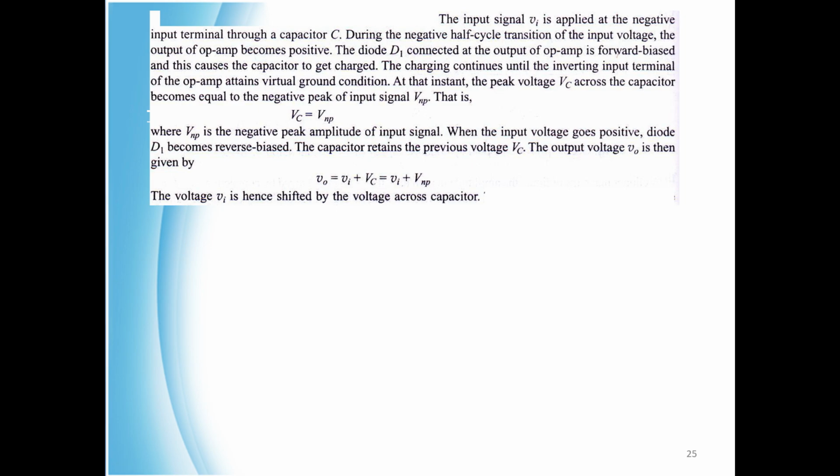The capacitor retains the previous voltage VC. The output voltage V0 is then given by V0 equal to VI, input voltage, plus capacitor voltage VC. So V0 equal to VI plus VNP. The voltage VI is shifted by the voltage across the capacitor.